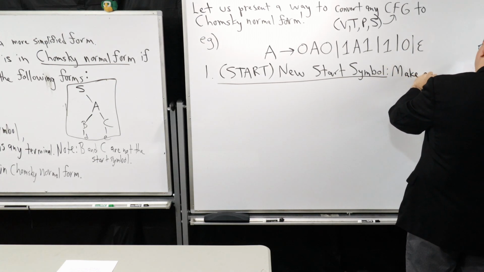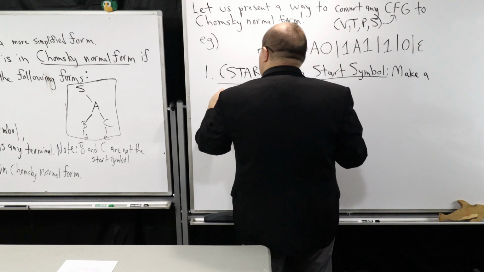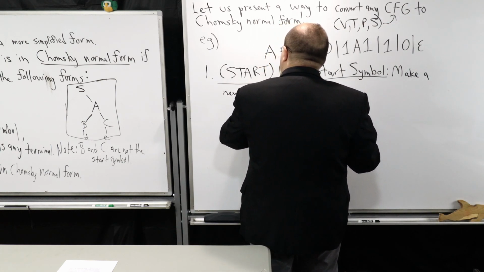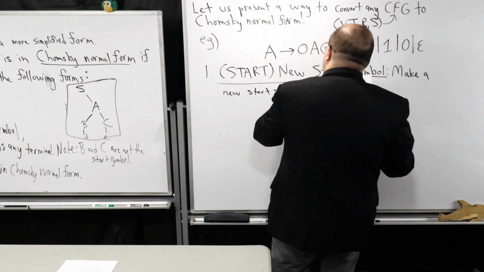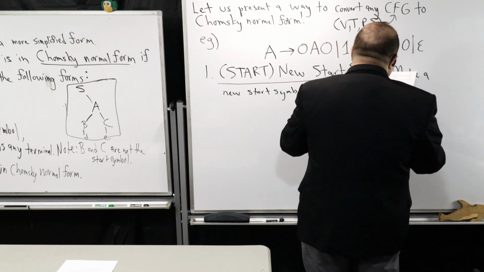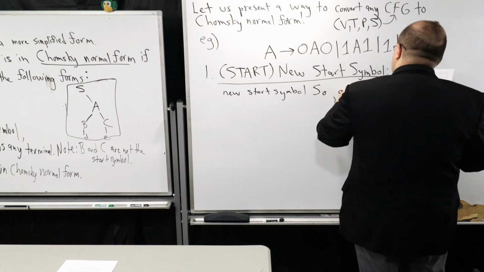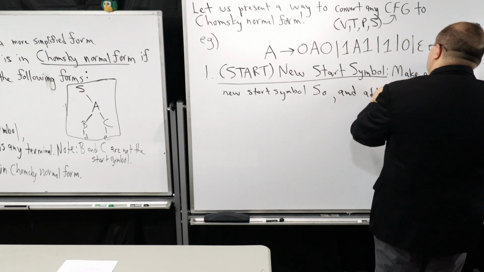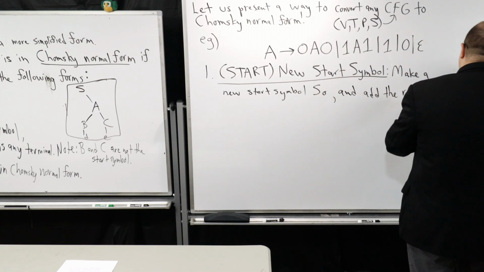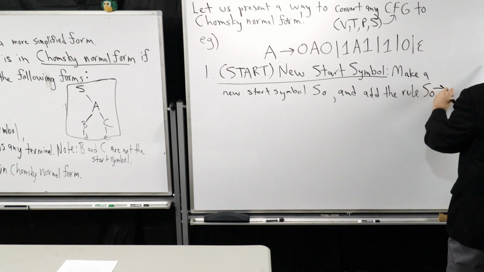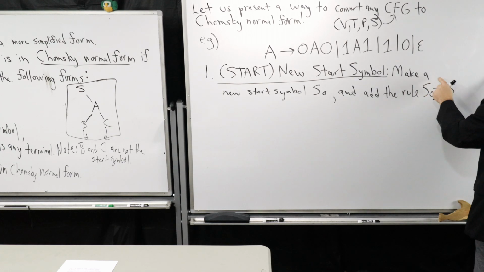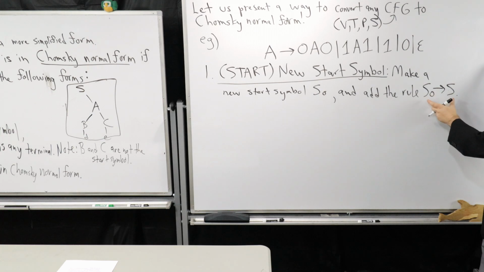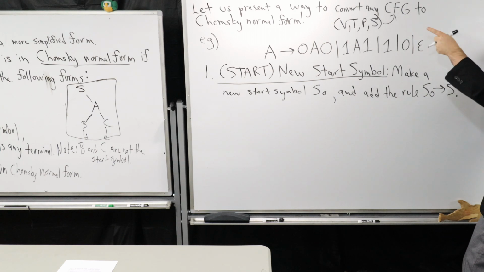All I do is make a new start symbol. I'll call it S0, and add the rule S0 produces S. Remember, S is the start symbol.